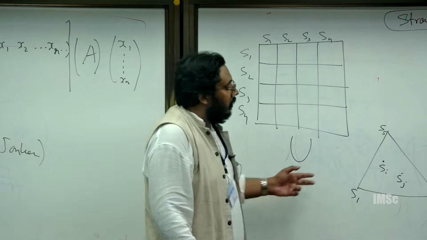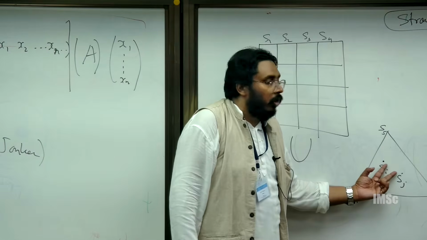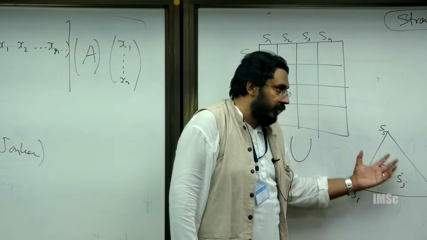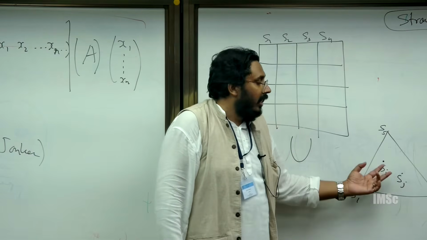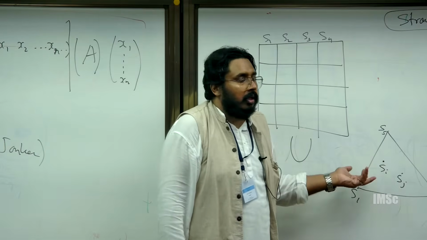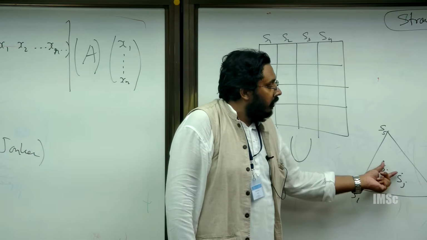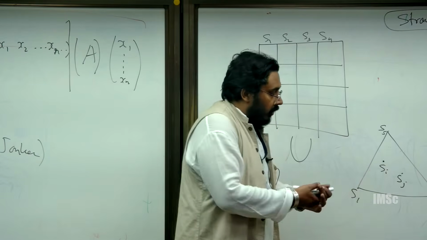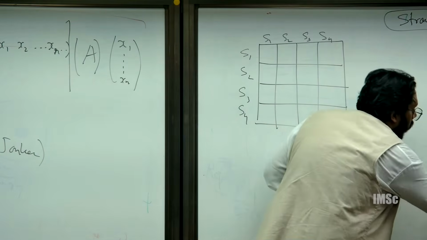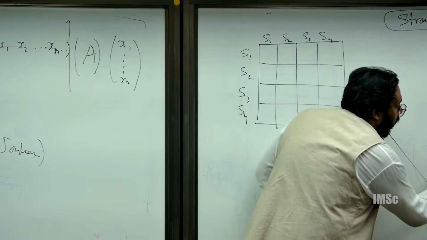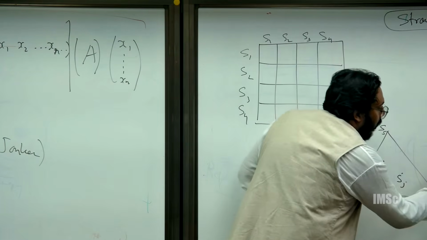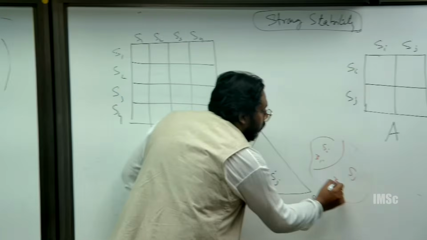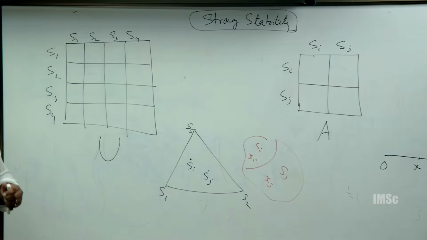Now, suppose I take 2 of them; I could take 3, 4, 5, whatever. Let us take 2 of them, and I have a population where I have 2 strategies only, Si and Sj, and I am talking about their frequencies. Okay.